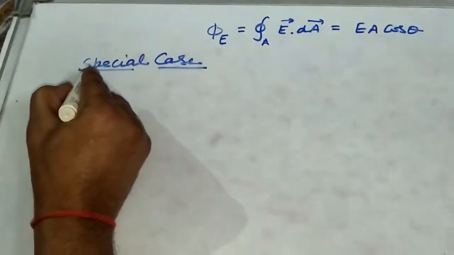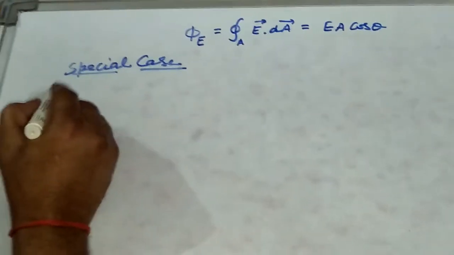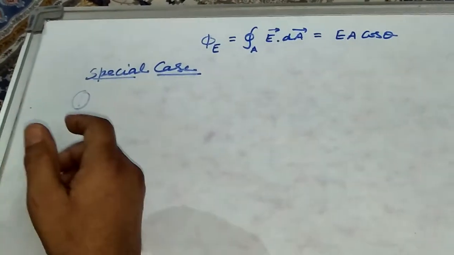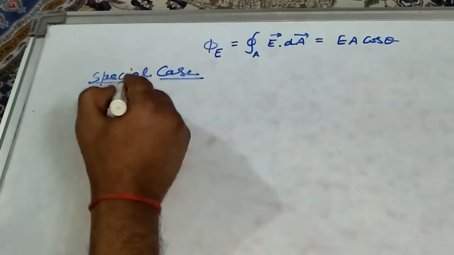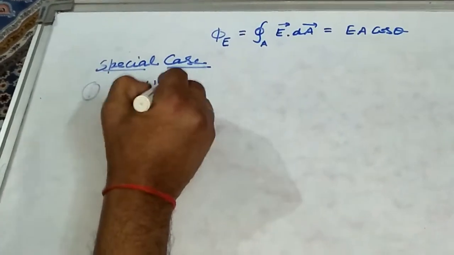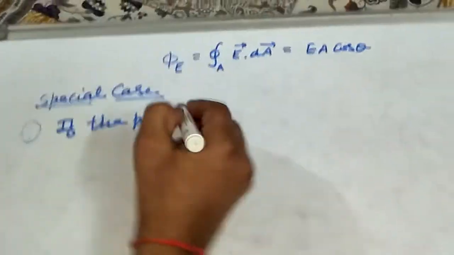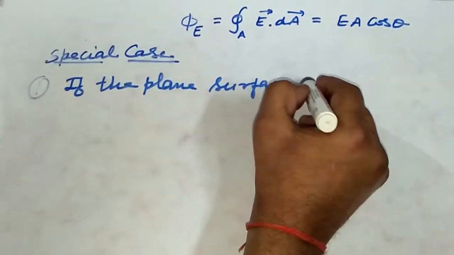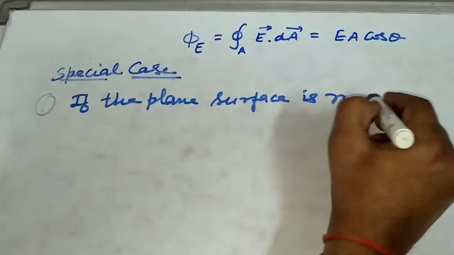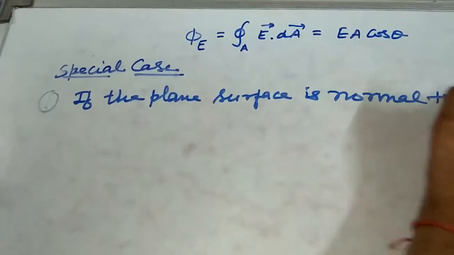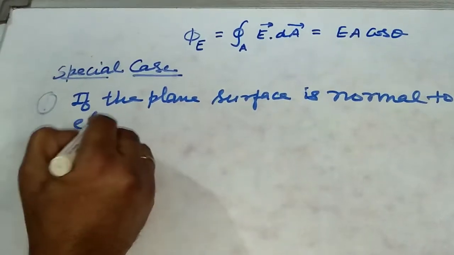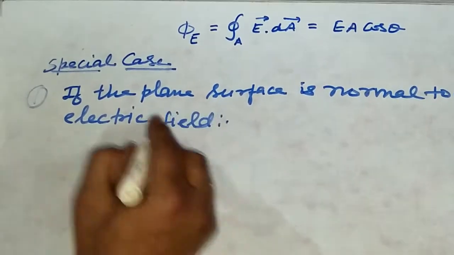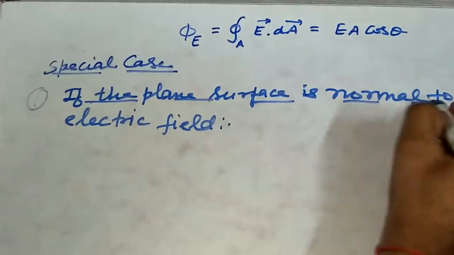Now I am going to discuss some special cases. The first case is: when a surface is held in an electric field, if the plane surface is normal to the electric field, how can we find the electric flux passing through that surface?